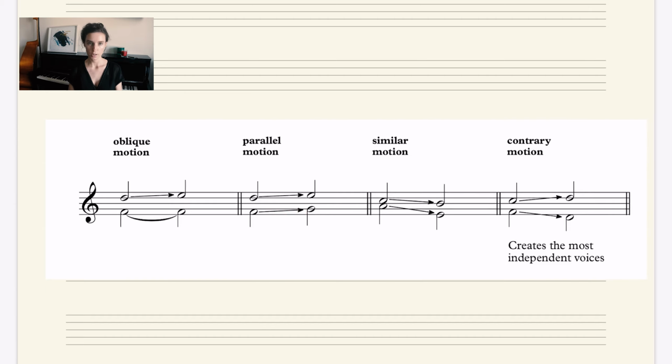There is similar motion, when the 2 voices move in the same direction, but they move by different intervals. And there is contrary motion, which is when the 2 voices move in 2 different directions. Please take a look at the examples and pause and reflect on them and study them.